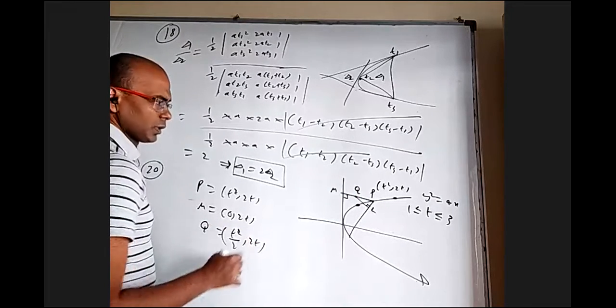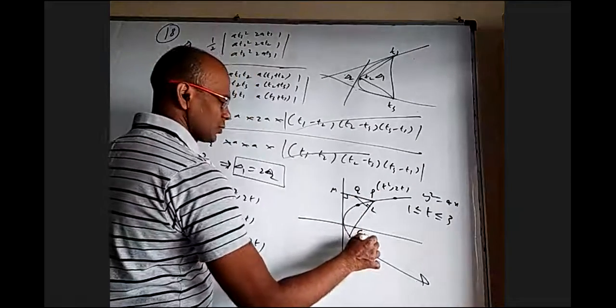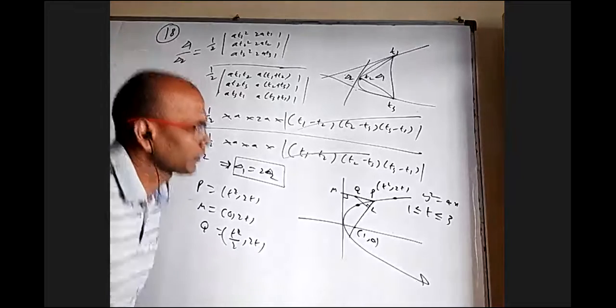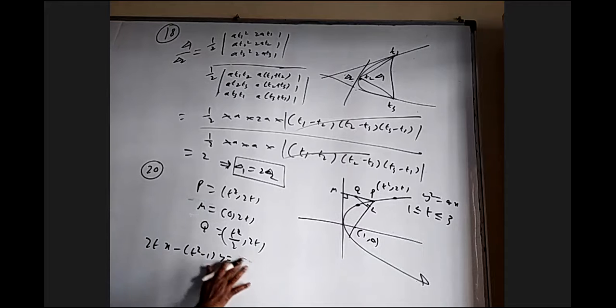And what is the focal chord through this point? This is 1 comma 0. So when I try to find the equation of that one, what is the slope? 2t by t square minus 1. So 2tx minus t square minus 1 into y equal to 2t. That is a tangent.